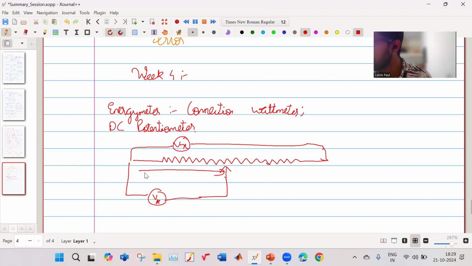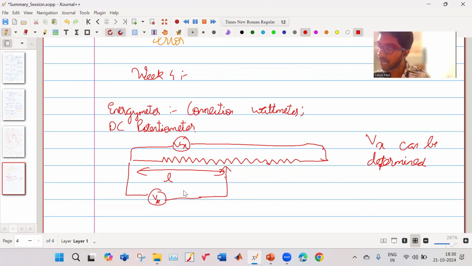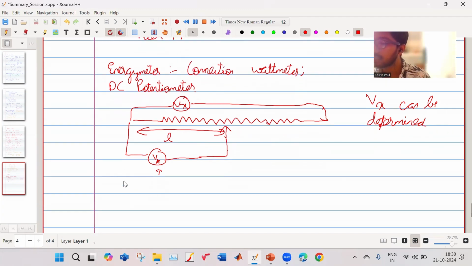Depending on this length L, you can determine what this Vx is. It is on these lines. There will be some resistor, etc., but it is similar. So you have a known or fixed voltage source, and based on that, you can estimate this Vx. Then there's something known as a Kelvin-Varley potential divider.